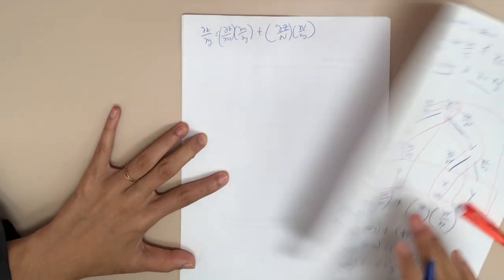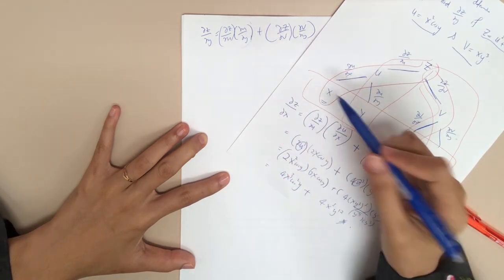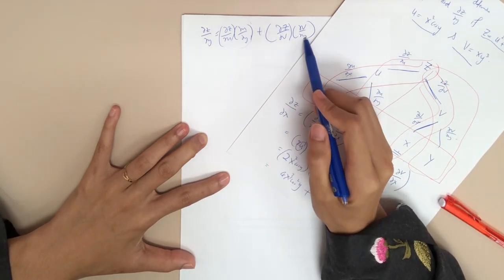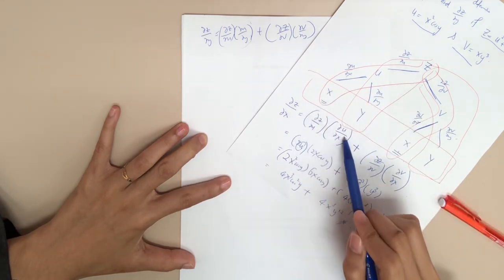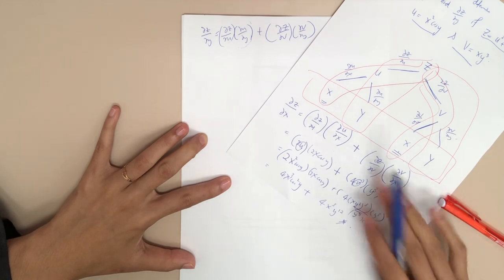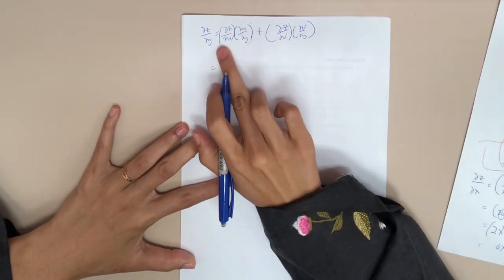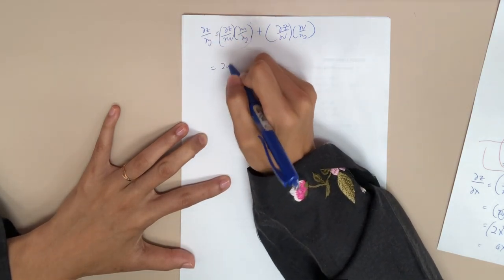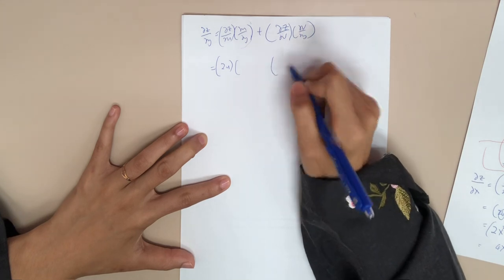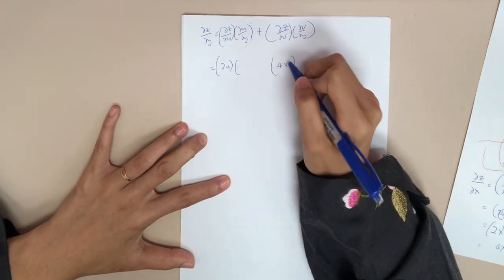Can you see the difference here? The difference is only this term. This one is du/dy, this one is dv/dy. In our example just now, dz/dx had du/dx and dv/dx. So you don't need to calculate these again. For dz/du, you just take it, 2u, and for dz/dv it is the same, v cubed.